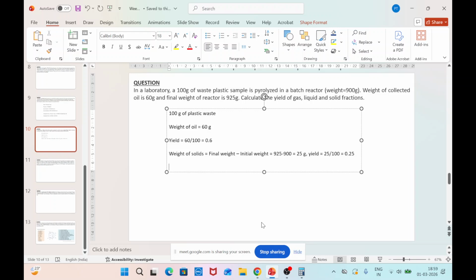Nothing is known about the weight of the gas that gets generated.